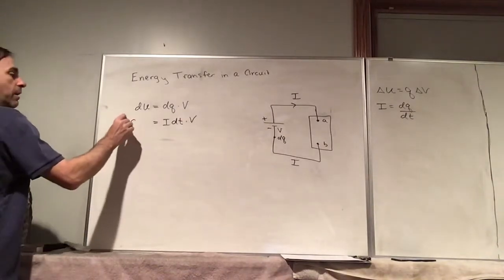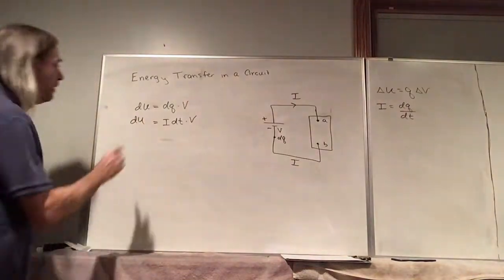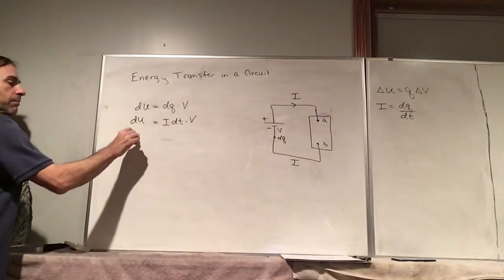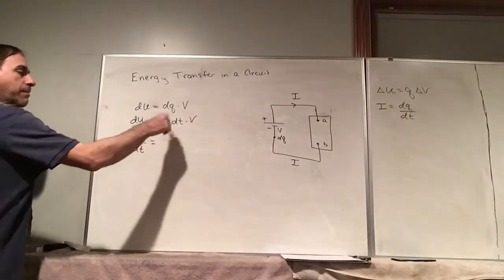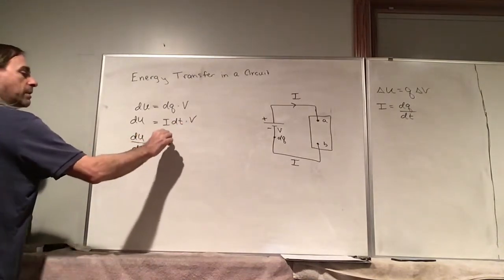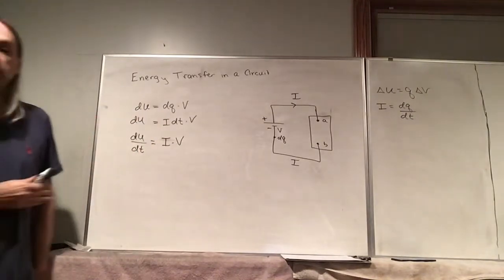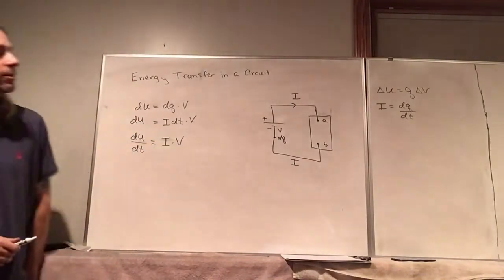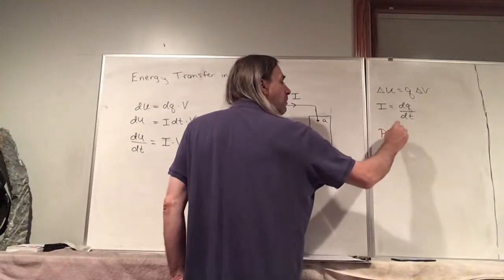Let's see if there's any mathematicians around. No, we're good. Let's divide by dt. The rate that energy is being dissipated by this device is I times v, the current times the voltage. And this is a general result.